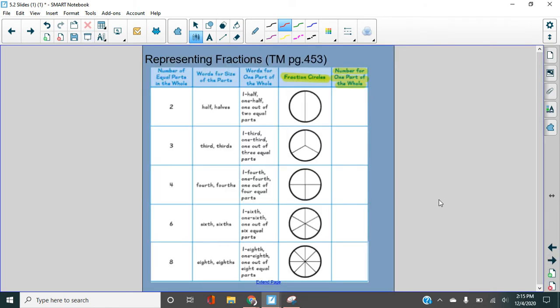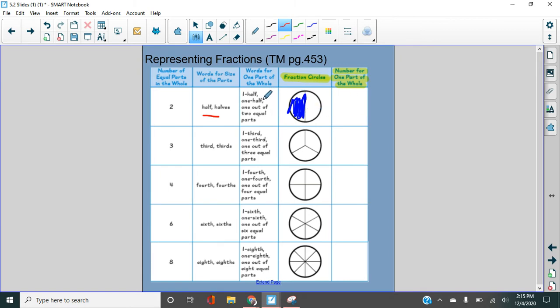All right. So we can represent fractions in a variety of different ways. We can say the number of equal parts. We can say the words, right? So if we have 1 out of 2, and we're going to color this in here. Beautiful coloring. Oh, I got over the lines a little bit, but you get it, right? We could write words for that.